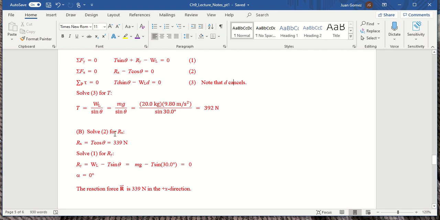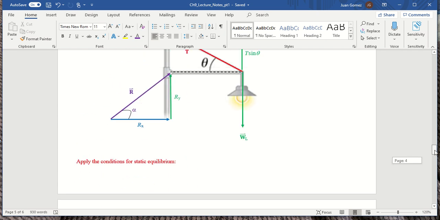Okay, so now equation 2, I know Rx is equal to T cosine theta, 339. Solve equation 1 for Ry. I happen to get Ry equals WL minus T sine theta. Remember, what is the weight of the light? Well, it's mg. And you happen to get that Ry equals 0, which is fine. So in this case, the reaction force is totally Rx.